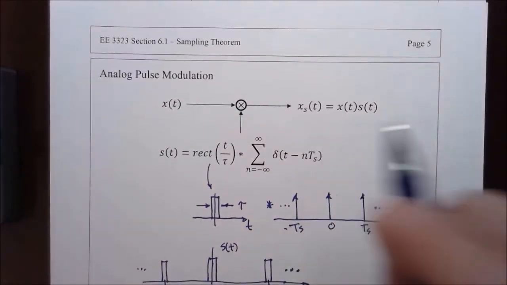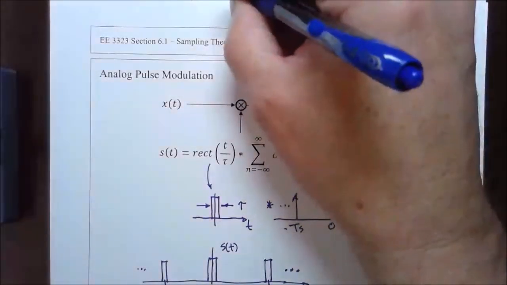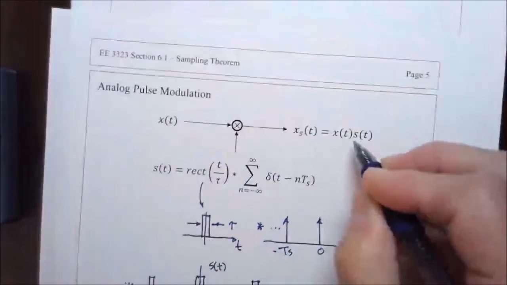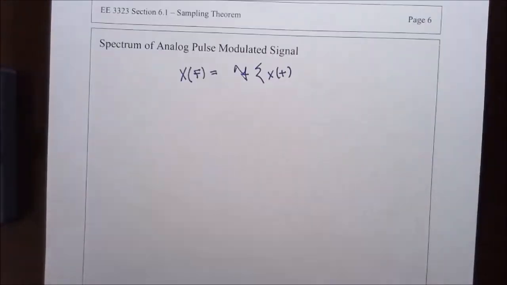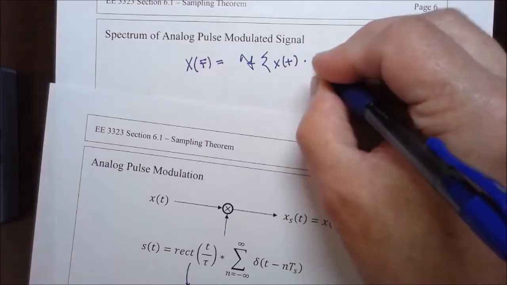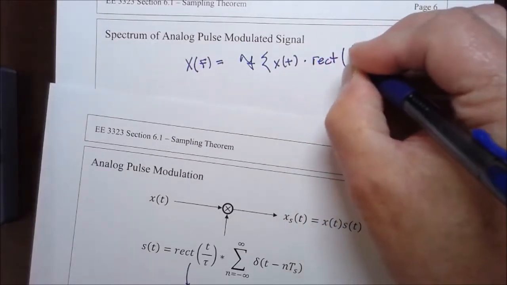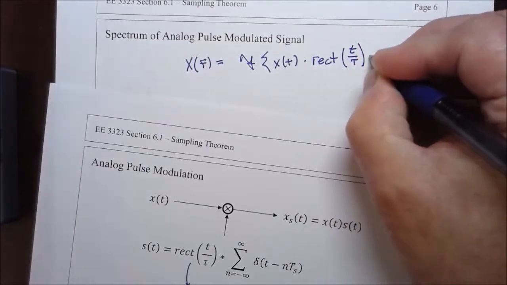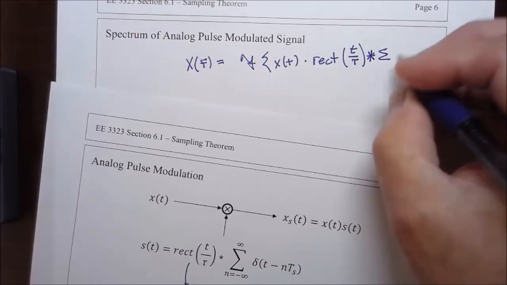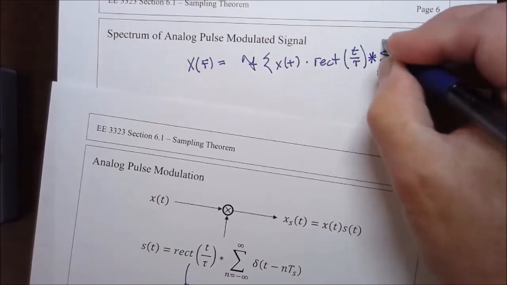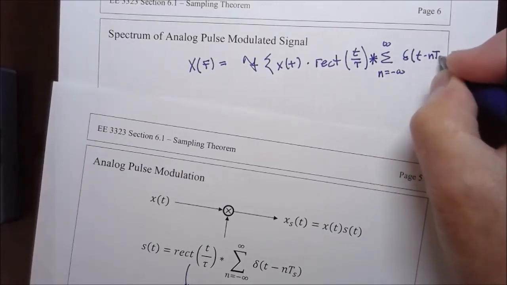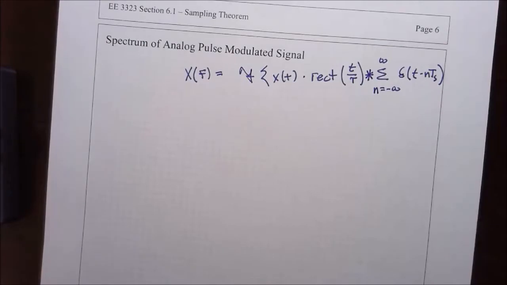So that's going to be the Fourier transform of x of t, and then for the sampling function, we have the rect of t divided by tau, convolved with a summation n from minus infinity to plus infinity of delta t minus n times the sampling period t sub s.